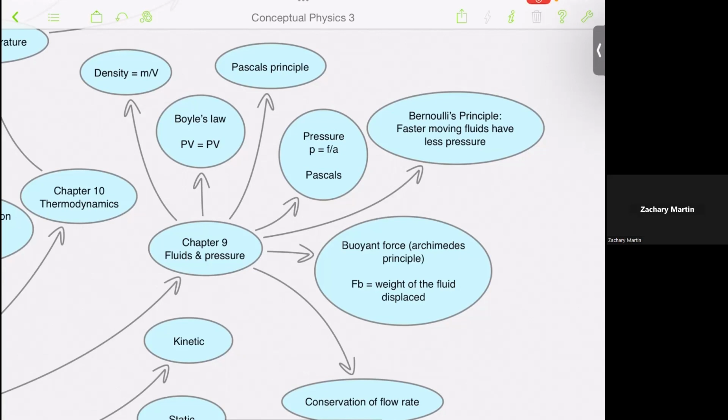The flow rate and Bernoulli's principle are related to each other because they're dynamics. If you constrict the flow of a fluid, it's going to move faster, and it's going to feel less pressure because it's moving faster. Okay, thank you.